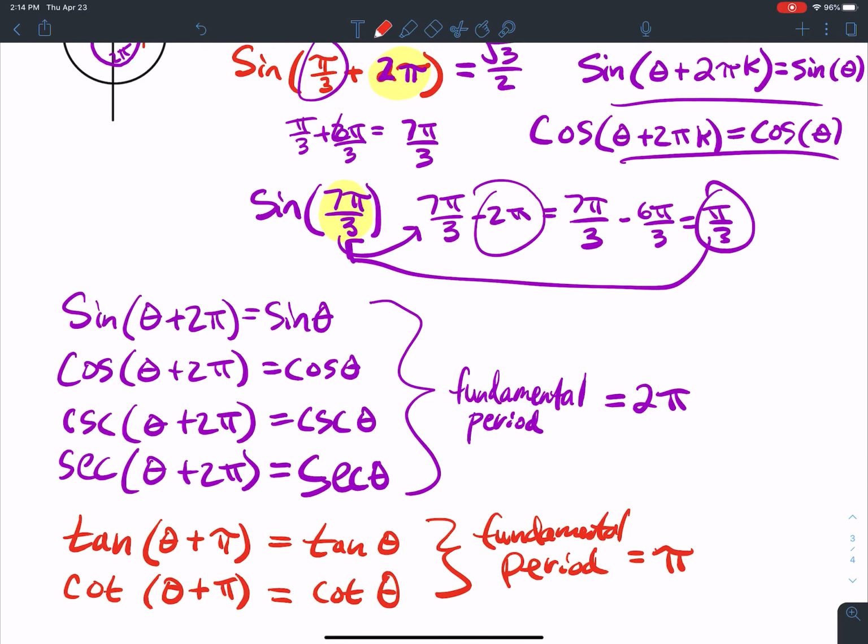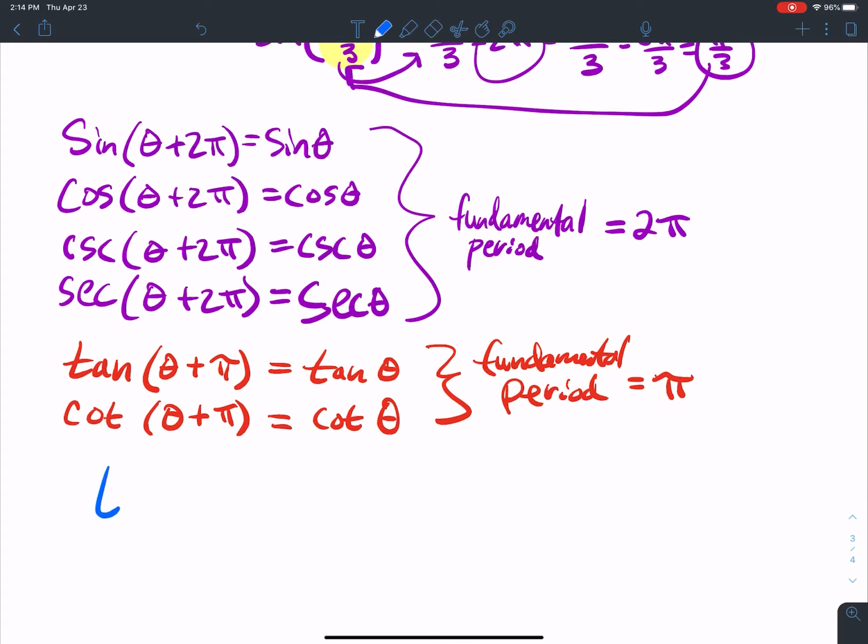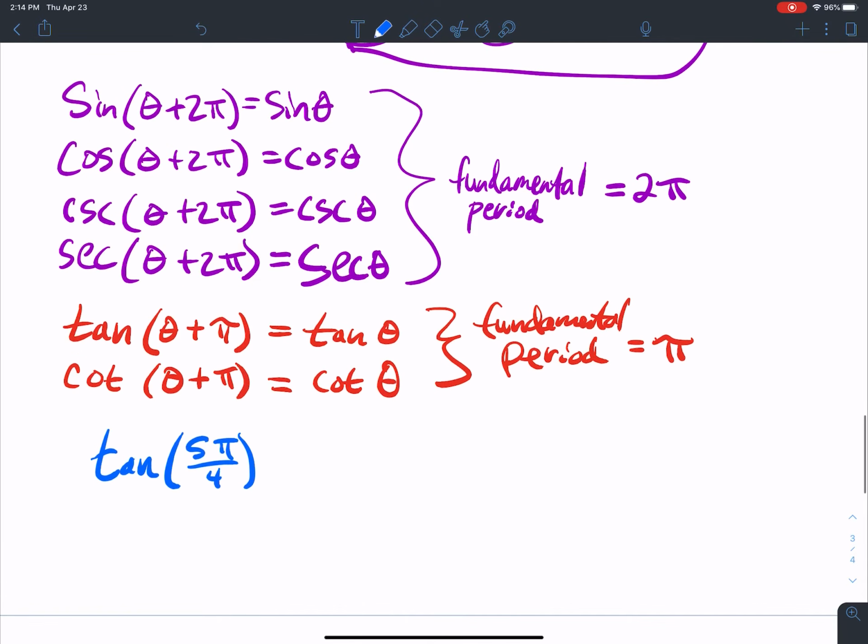So just to make sure we can do these types of problems, if I had the tangent of 5 pi over 4, what do I do here? Well, I see how I can break this up. If I take 5 pi over 4 and I subtract away a pi, what do I get?